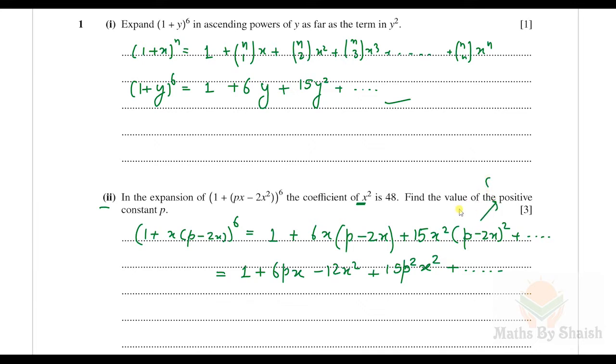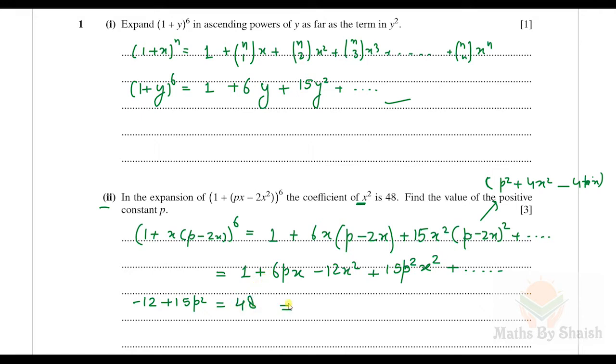It is going to be p square plus 4x square minus 4px, and if you are multiplying by x square, only x square will come from here. So we can see from here the coefficient of x square is going to be minus 12 plus 15p square, and that is given as 48.